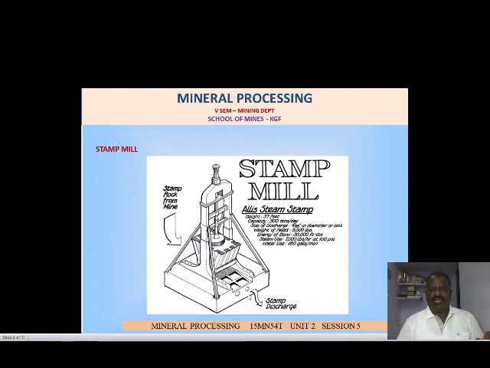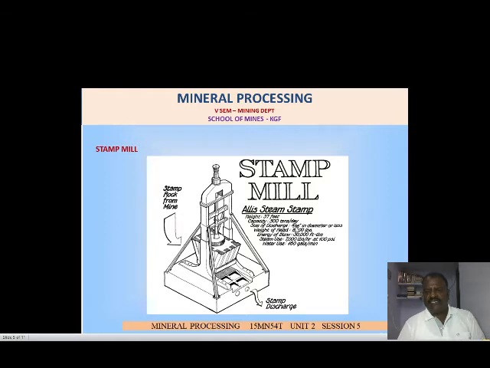Now we can see the picture of the stamp mill. This is known as Halley's steam stamp. Now the rock from the mine, we will supply in this direction and we will get the output discharge in this direction. The height of this machine is 37 feet. Capacity is 300 tons per day.